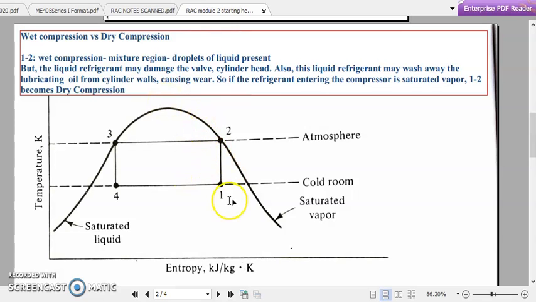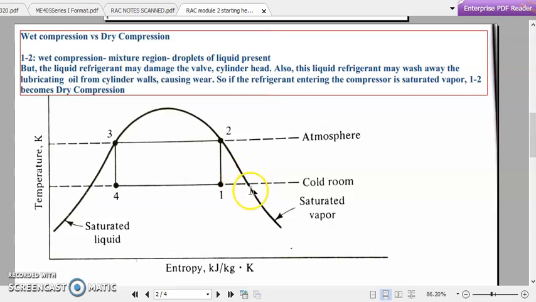Okay, so suppose point 1 is shifted towards the saturated vapor region. If the refrigerant is entering the compressor as saturated vapor, then there is no problem. If point 1 was shifted to the saturated vapor line, what would have been the advantage?